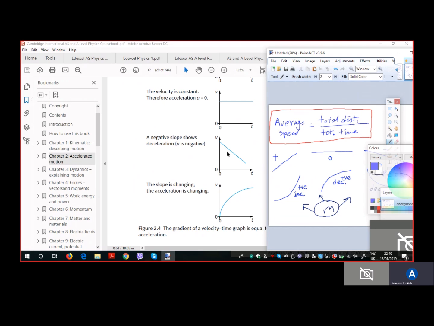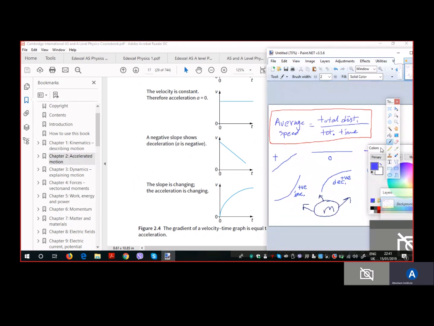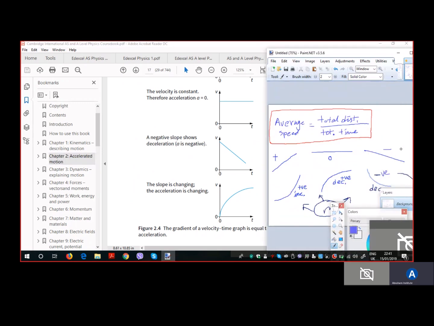Okay, so acceleration is negative. It's a constant. Can you see this is a straight line? So that means the gradient is constant. Constant but negative. So it is actually this third line here, negative and constant.